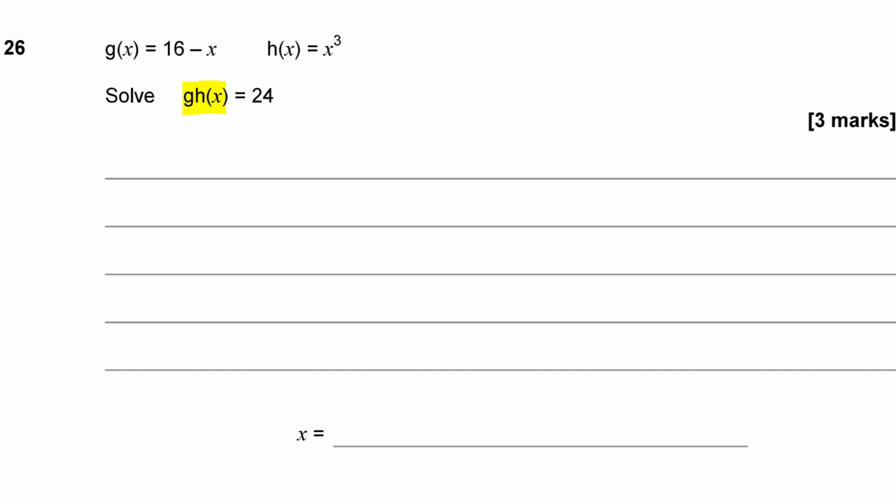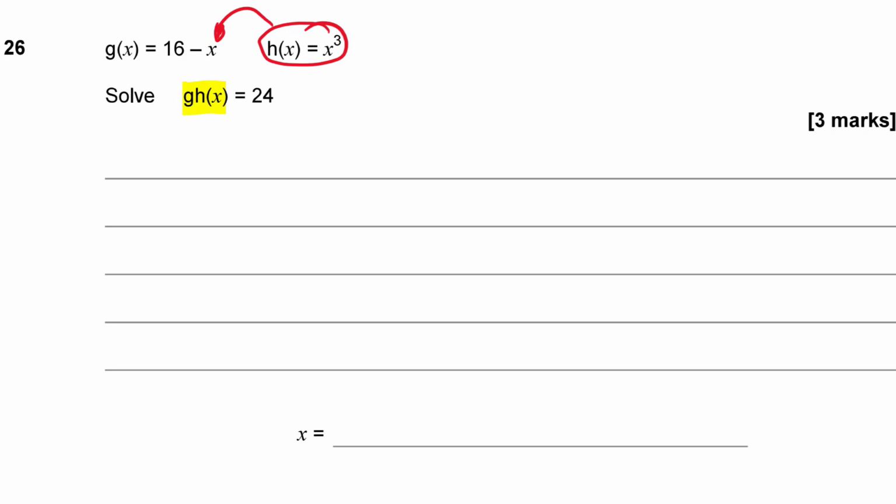So we're going to start with x cubed, and then we're going to sub it into g of x. We need to take this equation here for h of x and put it in where the x appears in g of x. So we're going to take our value of x, cube it, and then take it away from 16. That's basically what's going to happen. So let's just sub that in.